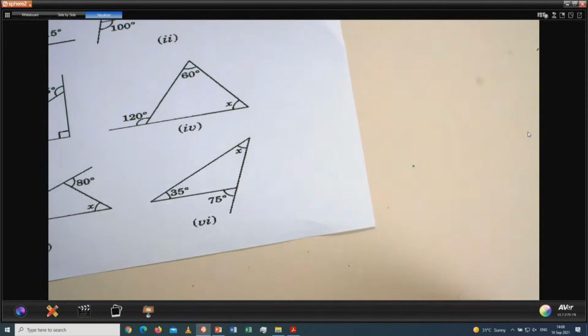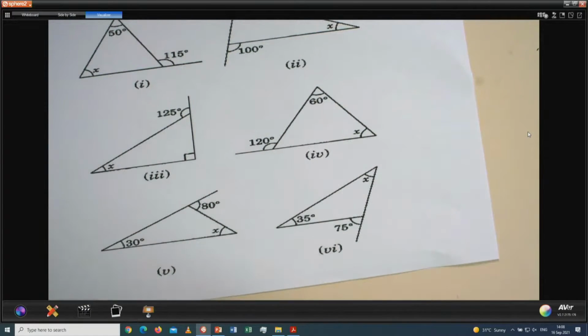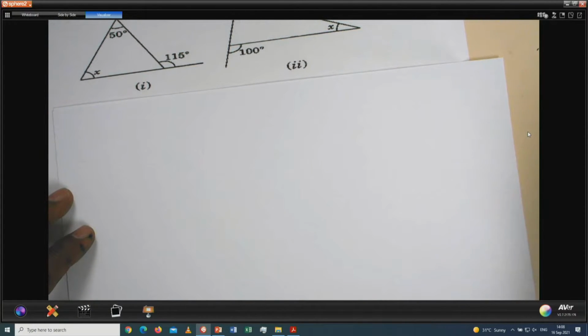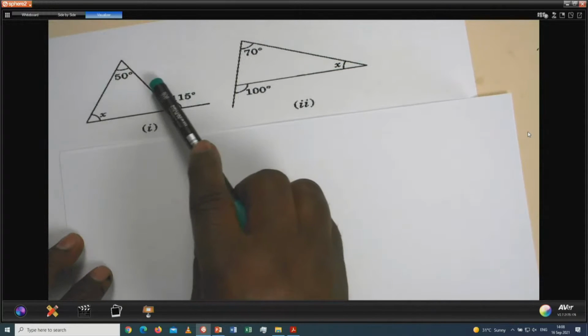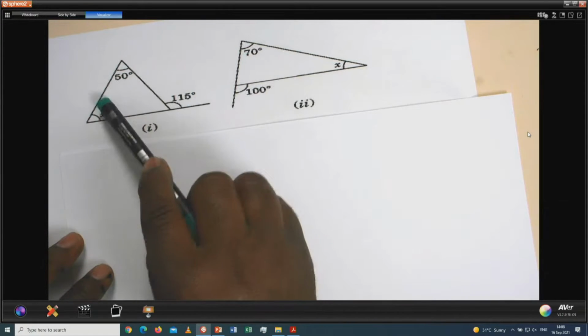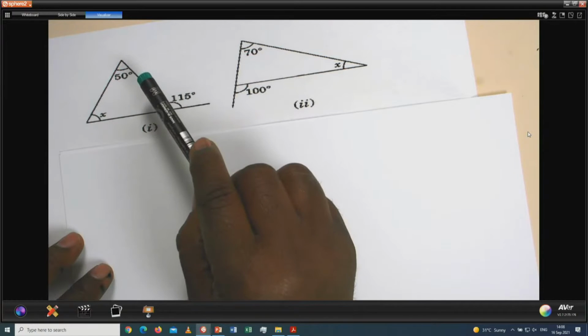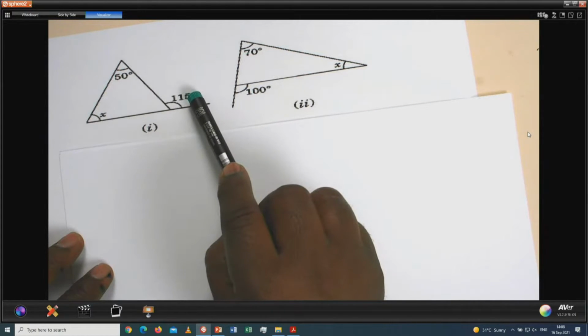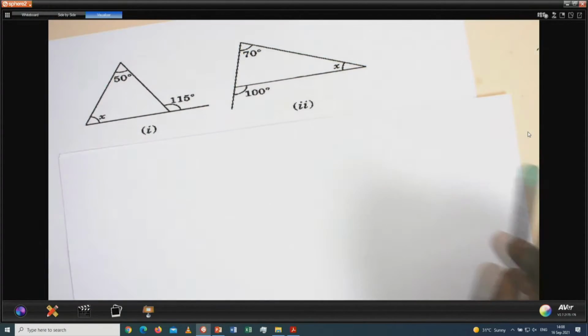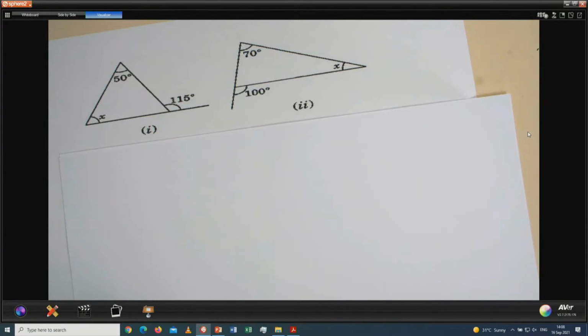And especially those that are, let's see. Let's start with 1, of course. An exterior angle equals the two interior opposite angles. The exterior angle of a triangle is the angle that is outside, that's why it's called exterior.